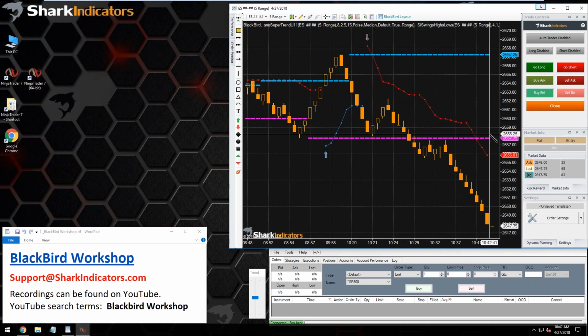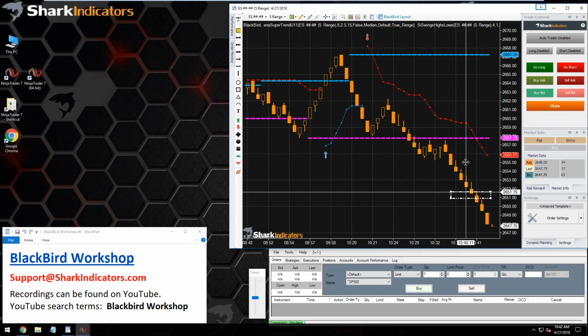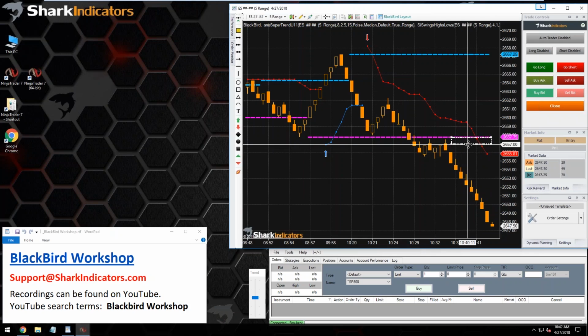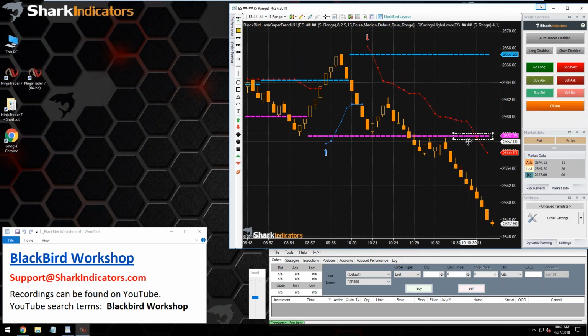If you're using swing points, you've got to make sure there is a swing point there. I can't take a long trade because my swing low is up here. There is no swing low yet. So you've got to be very conscious about where your indicators are plotting.